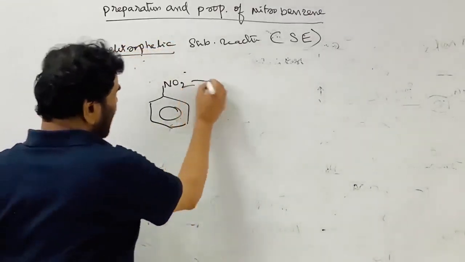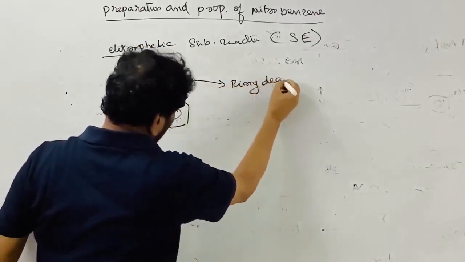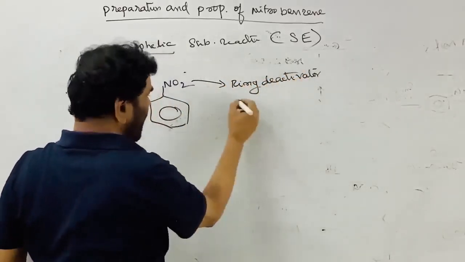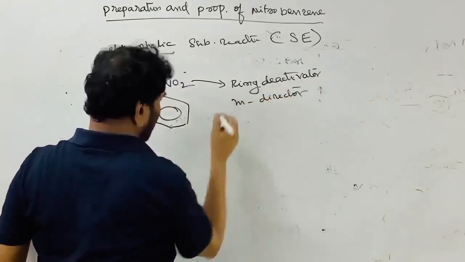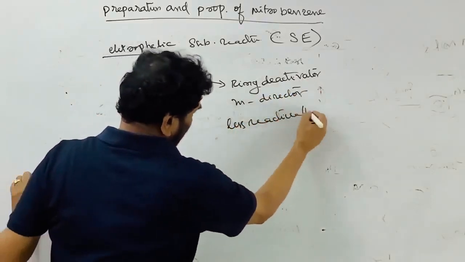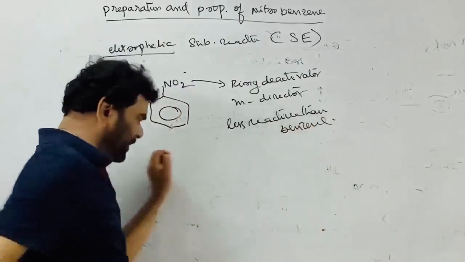It is a ring deactivator, you know. I need not tell the deactivator. And that is a meta director. Less reactive than benzene. This is less reactive than benzene.